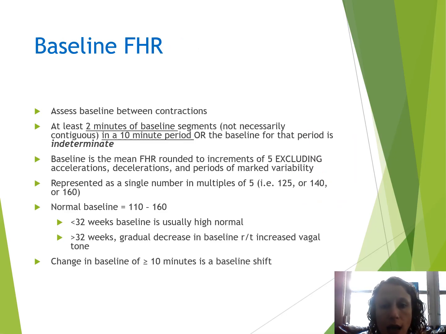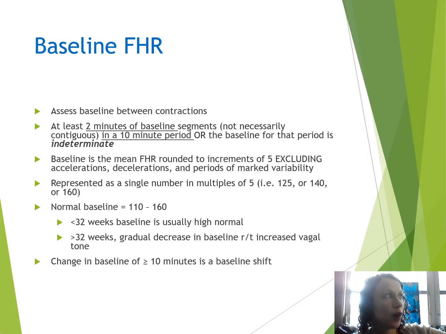When we're looking at our baseline fetal heart rate, it's between 110 and 160. That's our normal baseline. You may have an under-32-weeker where it might be slightly higher, but it should still be between 110 and 160. When we look at it, we're looking for 2 minutes. Say we have a 10-minute strip, we want 2 minutes of the same on that strip.